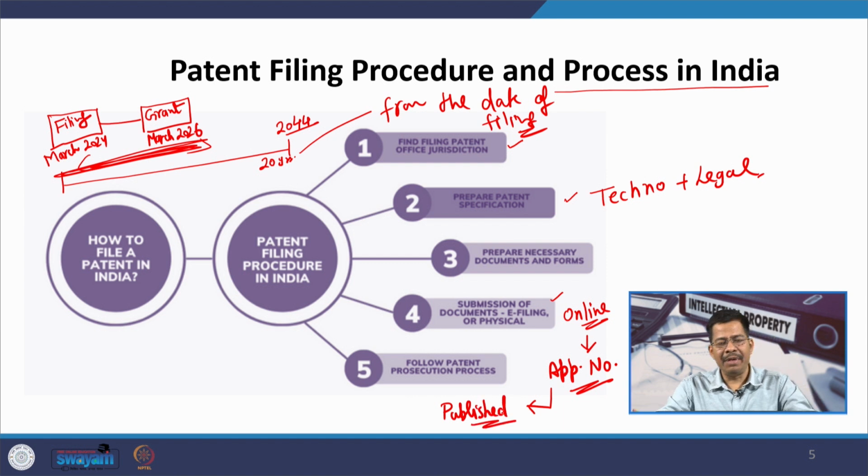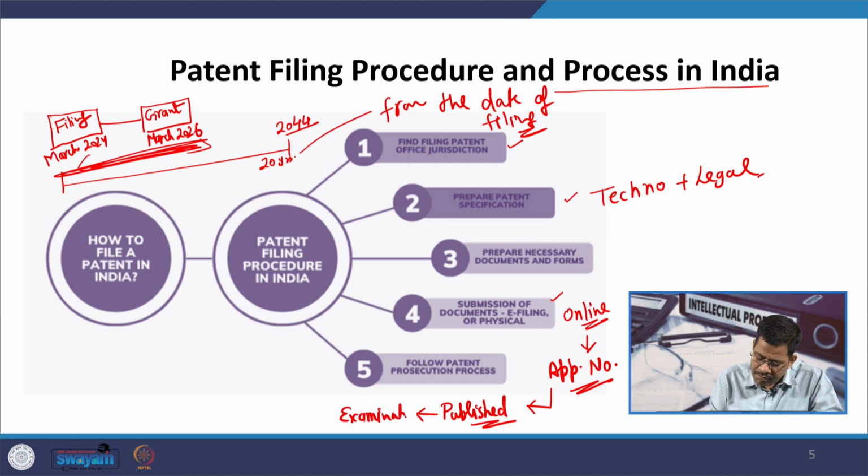First it will be published in the patent journal. After publication, it will go for examination, and after examination, based on your response to the examination reports, the grant will happen.